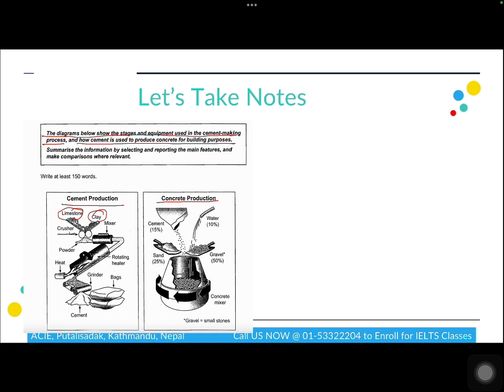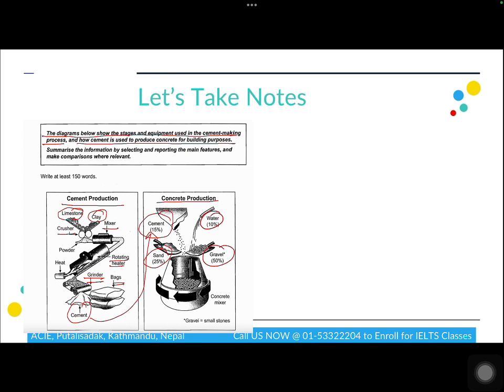The first one is crushing, then mixing, then heating, then grinding, and then packaging. So it mostly goes through 5 stages, after which cement is produced, which is then used for production of concrete along with a combination of other four raw materials, right? So there is a connection between both of these figures.